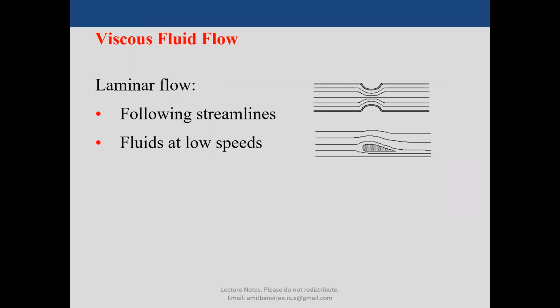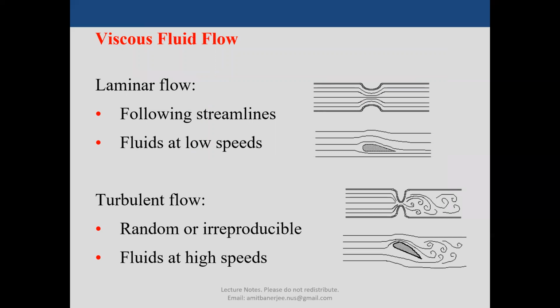This also affects the flow conditions in a liquid. Laminar flow is the one where the flow is streamlined, generally for fluids at low speed, whereas turbulent flow is random and irreproducible, generally for fluids at high speed.